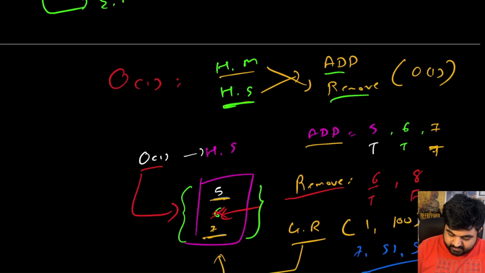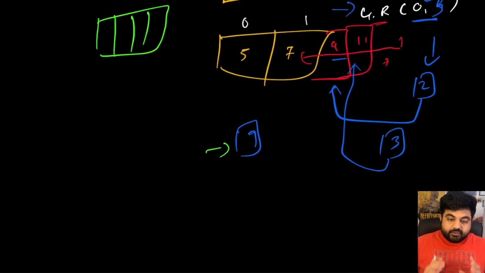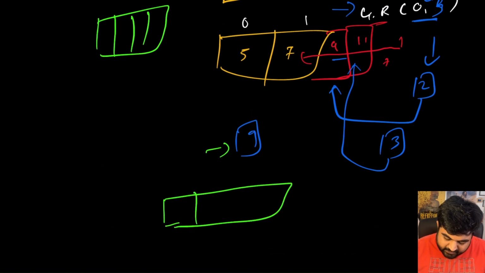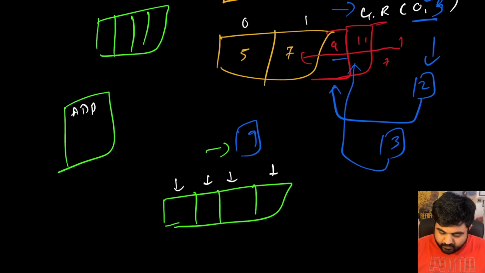But to implement get random, we need to keep track of a list that contains all the values currently present inside our hash set, and we need to know at what index location which value is present, because when we add a value, we need to keep track of its index location.